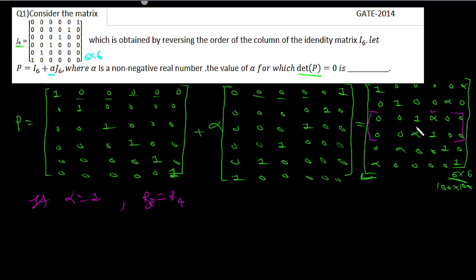In a similar manner R2 and R5 will also be similar, and R1 and R6 are also the same. If at least two rows are the same or linearly dependent, the determinant of the whole matrix is 0. So the value of alpha is 1, such that the determinant of this whole matrix will be 0.